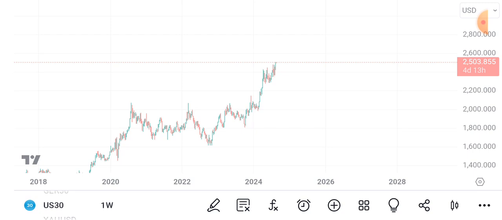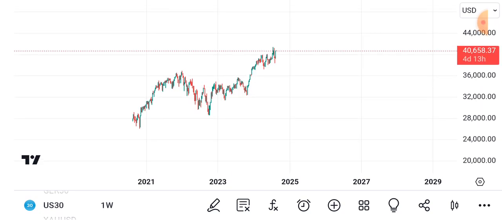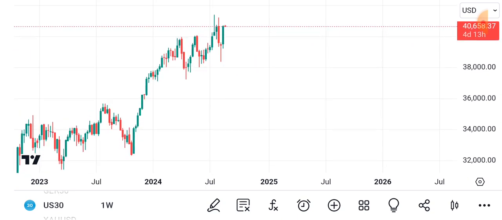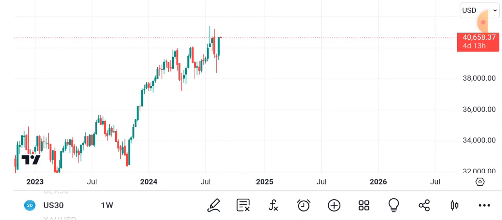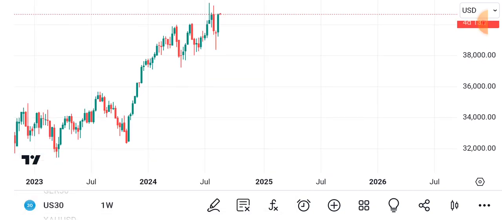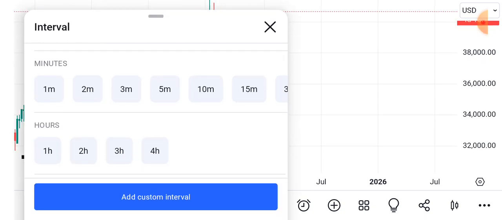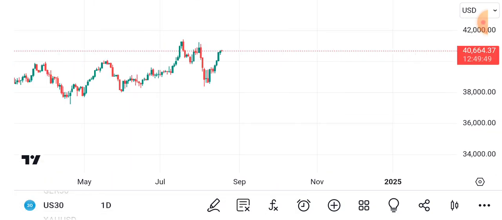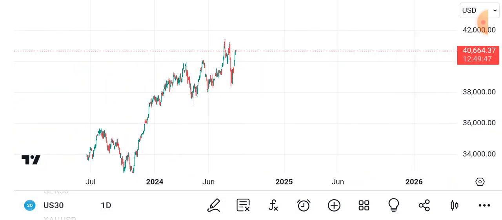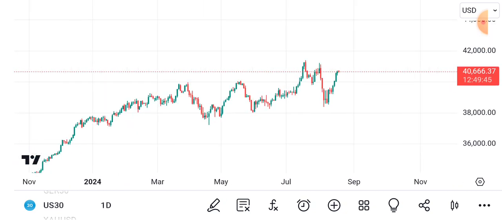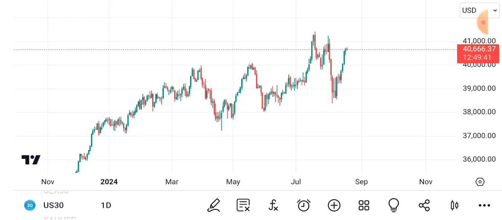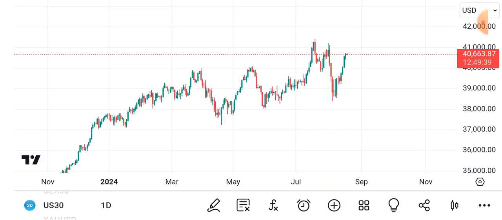So here's US30. On US30, let's go to the daily time frame. US30 is moving somehow.